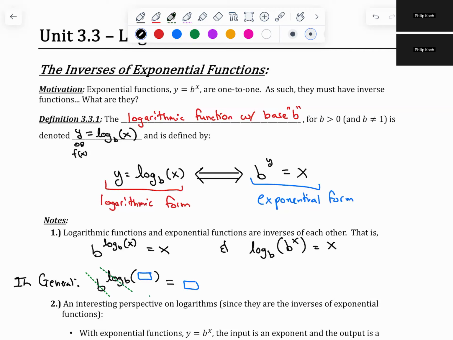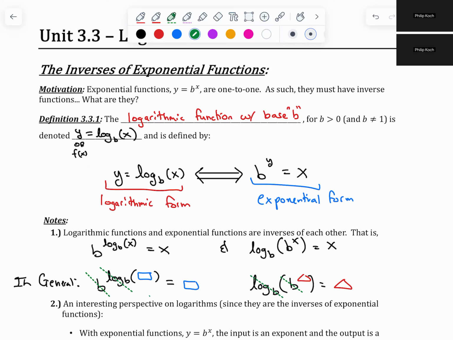And similarly, if you have log base b of b to the red triangle, that just equals the red triangle. Once again, the b and the log base b cancel. They're inverses of each other, just like 2 and 1/2 when you multiply them together, or 2 and -2 when you add them together. They cancel each other out.